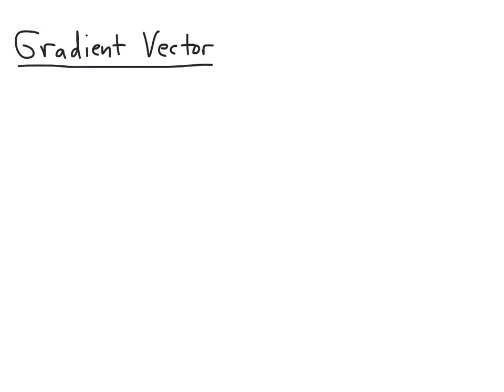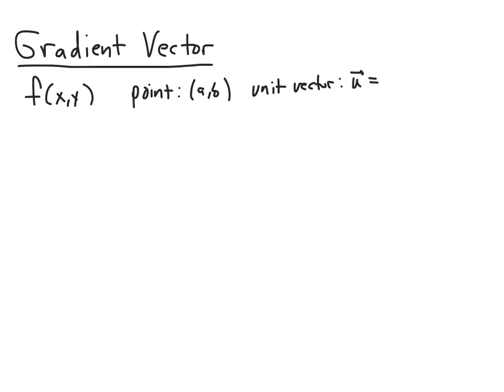Just to set the scene of what we're doing here, again, we have this function f of x, y. We want to compute the directional derivative of this function at a point (a, b) in the direction of some unit vector u with components u1 and u2.